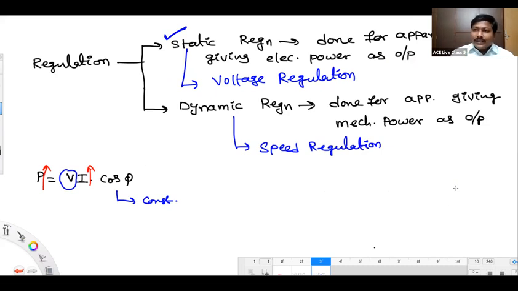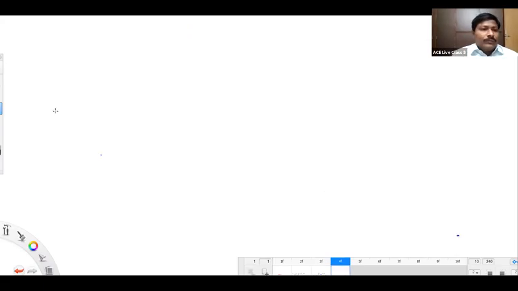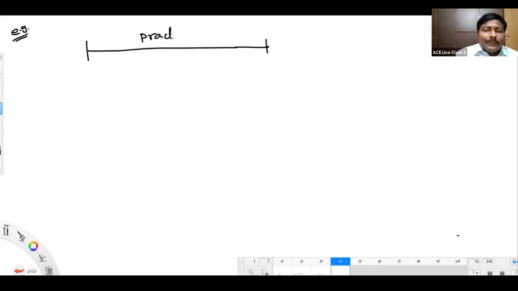Before going to the definition, let me recall the equivalent circuit we have drawn earlier, for the transmission line per phase. Let's take a practical transmission line, what we are seeing on the towers. It has an input side and an output side.